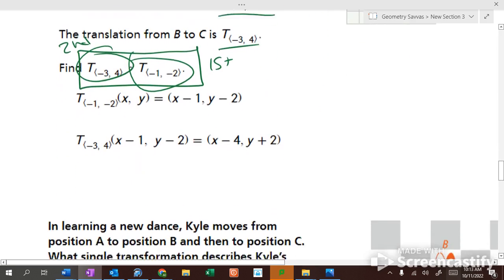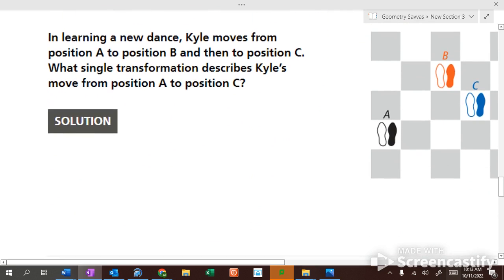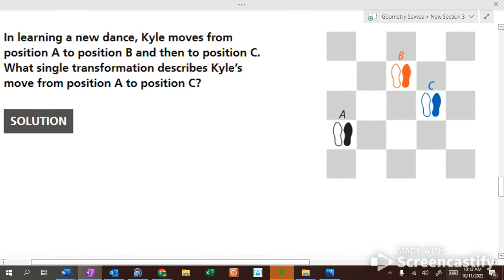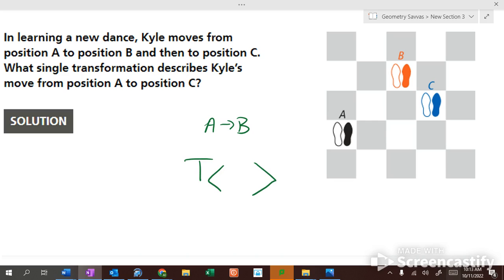Okay? So, crazy new dance steps. Okay? What's the composition of transformations that maps A to B to C? A to B to C. Okay? First, A to B. That's a translation of what? What, Quinn? 2, 2.